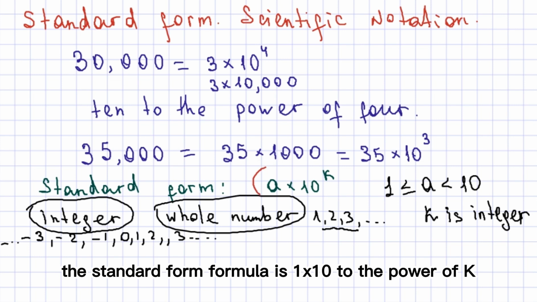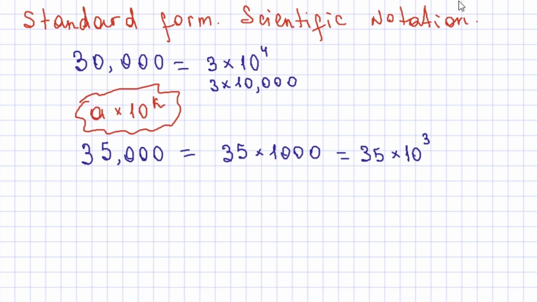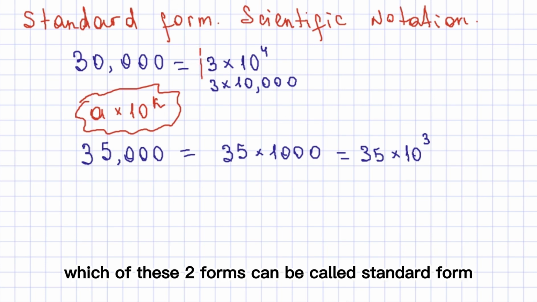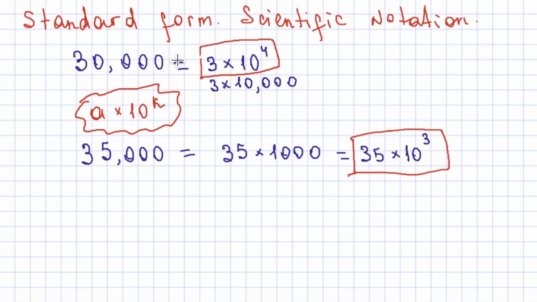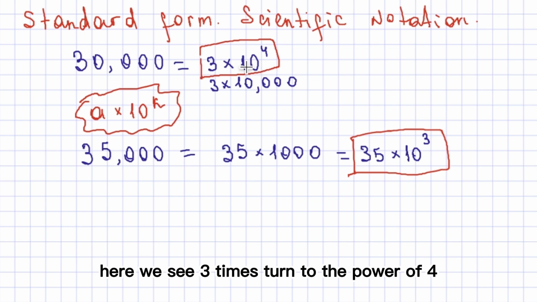The standard form formula is a times 10 to the power of k. Let us see which of these two forms can be called standard form. Here we see 3 times 10 to the power of 4.